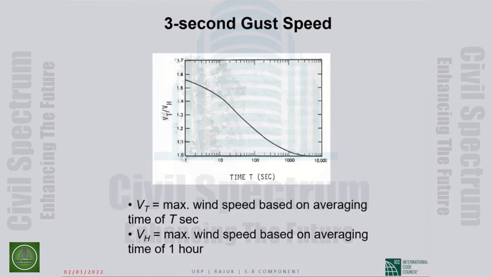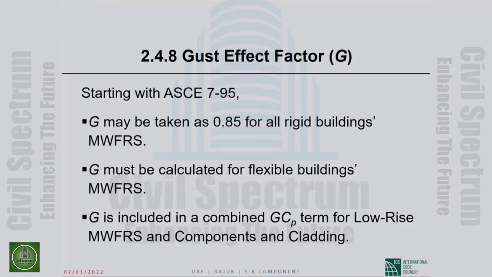The average wind speed goes up by 55%. 3 second gust speed, this is 1, 2, 3. 3 second gust speed is something like 150% of hourly wind speed. Okay, so that gives you a little bit of a feel about what we are dealing with.